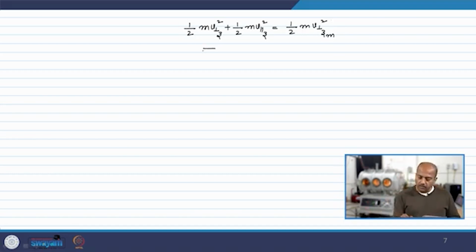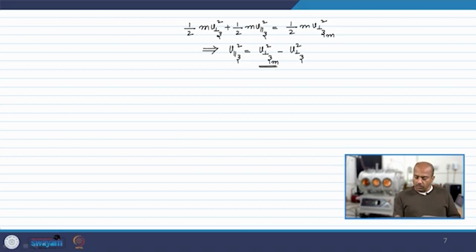So, we can cancel the half m that appears on all the sides, and we will write v parallel z square is equal to v perpendicular zm square minus v perpendicular z square.